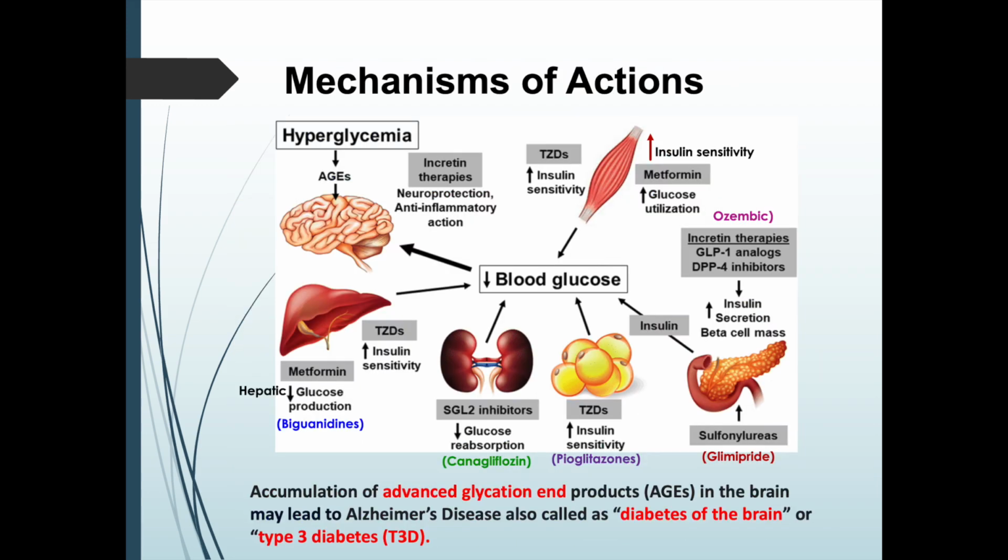Now, where do those drugs work? Like I said, AGEs are advanced glycation end products. Accumulation of those end products in the brain may cause diabetes of the brain, termed type 3 diabetes. Similarly, with high sugar, protein and lipid combination, those advanced glycation end products are produced and can accumulate in the brain.